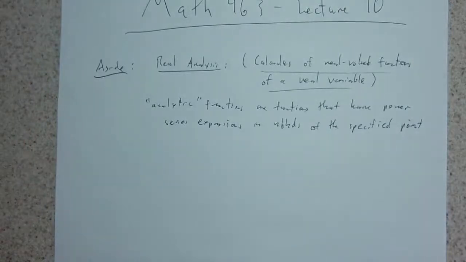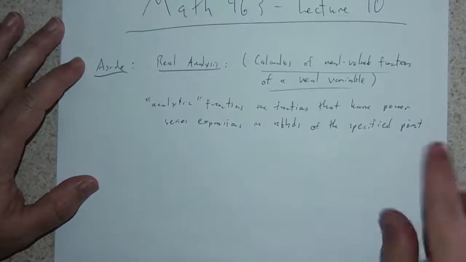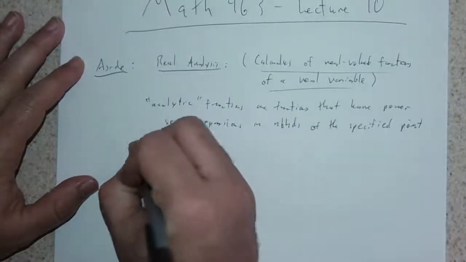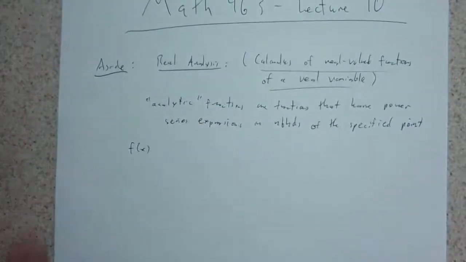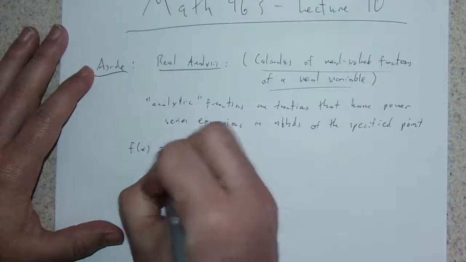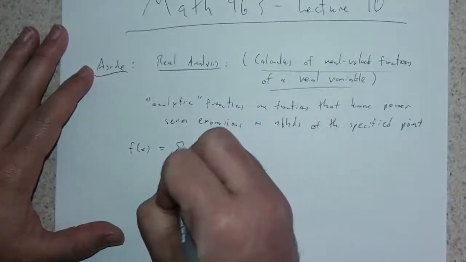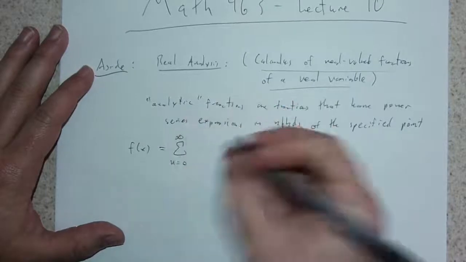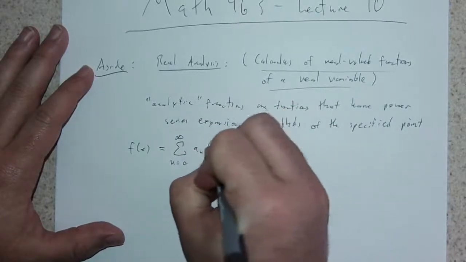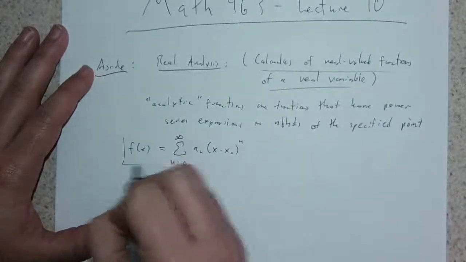What do I mean? If a function, say f of x, is analytic at some point, say x naught, then it has some power series expansion, which means that I can view this f as some power series in a neighborhood of x naught.